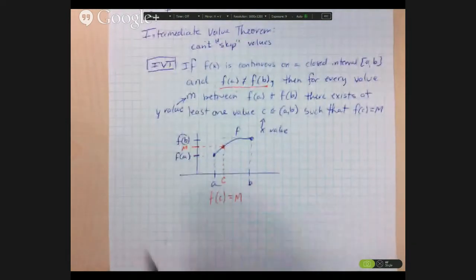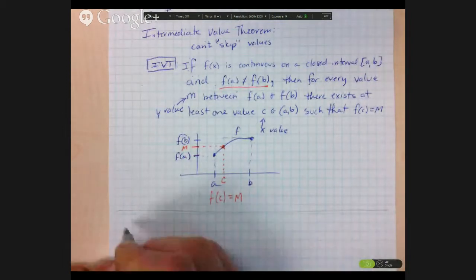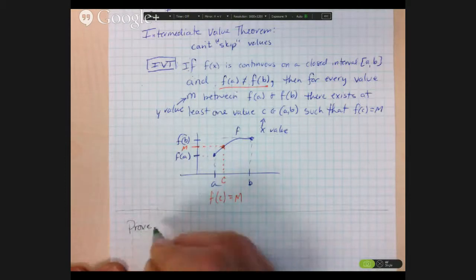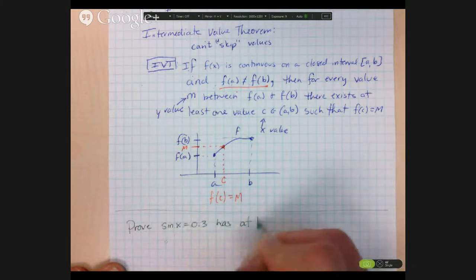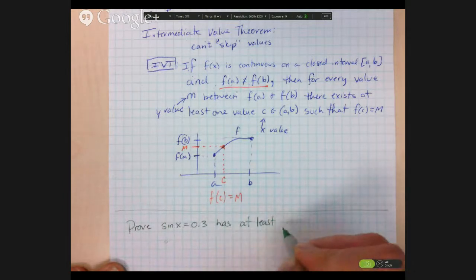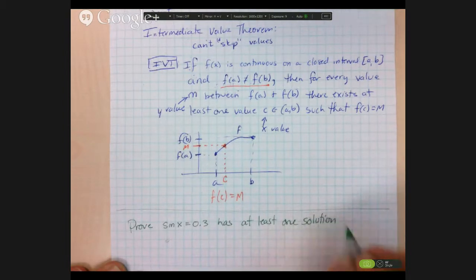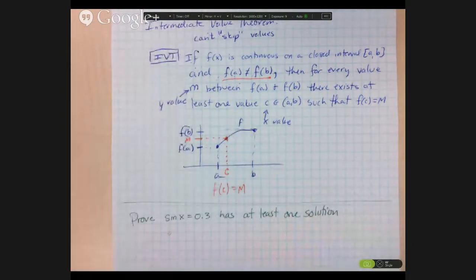Okay, let's do an example. Prove that sine x equals 0.3 has at least one solution.